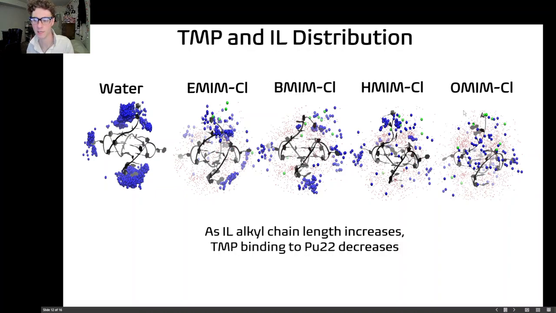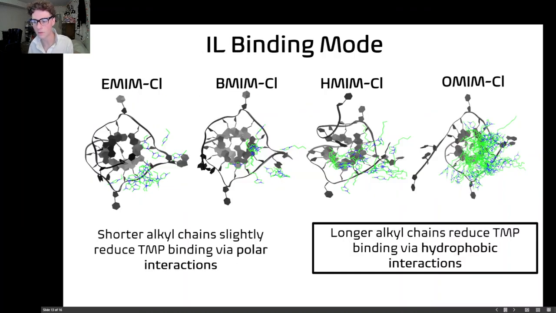So at OMI-MCl, it's just not really binding there at all. And the chloride doesn't seem to really have an effect. I mean, it really shouldn't, because being anionic, it would repulse with the phosphate backbone of this nucleic acid. So we focus primarily on the cation in how the IL is binding and stabilizing this U22.